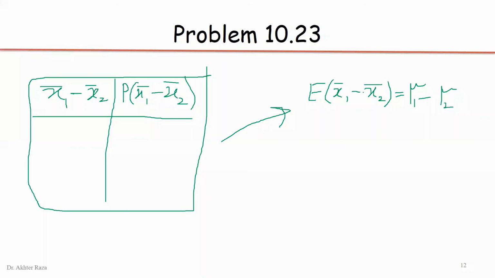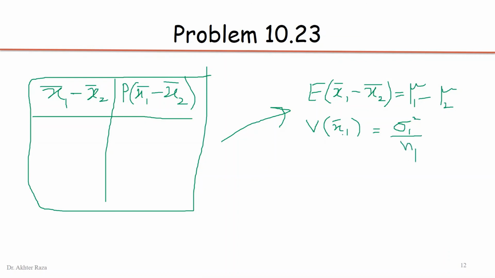Variance of the sampling distribution of x bar 1, if we are interested in the variance of the sampling distribution of one mean only, according to the description, is equal to sigma 1 square divided by n1.